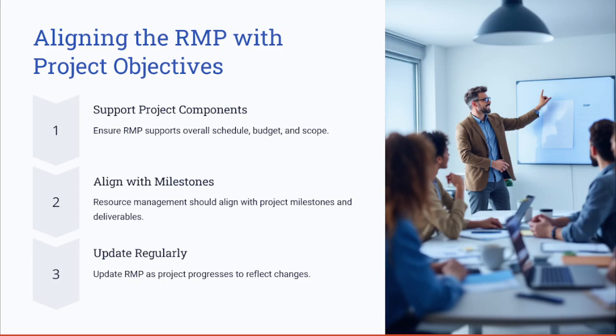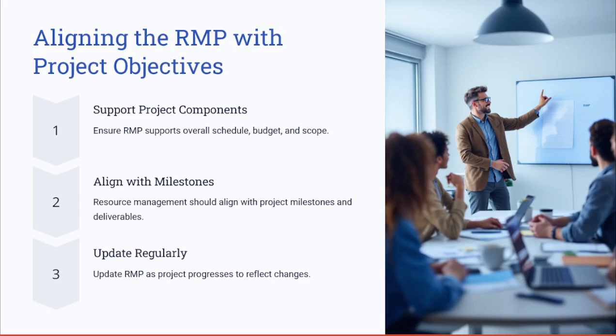How will you ensure aligning the RMP with the project objectives? To ensure success, the resource management plan must align with your overall project objectives. The resource plan should support the key project components, such as the project schedule, the budget, and the scope. For example, if the project timeline changes, the RMP should also be adjusted to reflect the new resource needs.